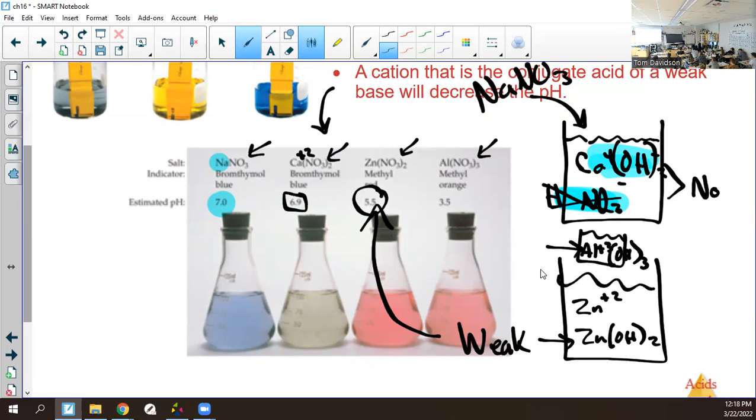Is aluminum hydroxide a strong base? No, it is weak. So it will affect the pH even greater, both because aluminum is smaller and because it has a greater charge. So it needs 3 OH minuses to every one. Yep, both of these reasons.